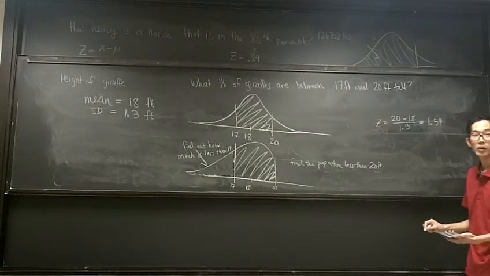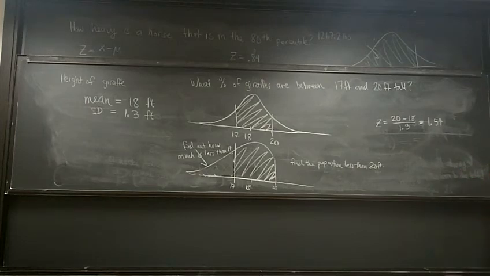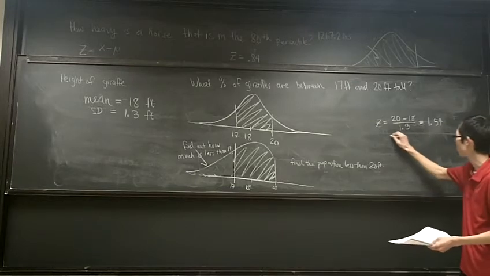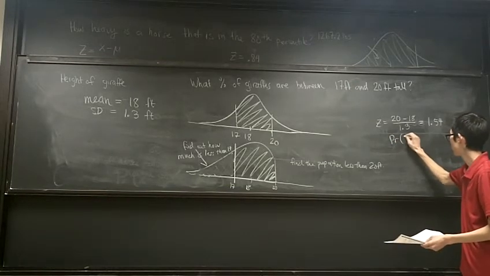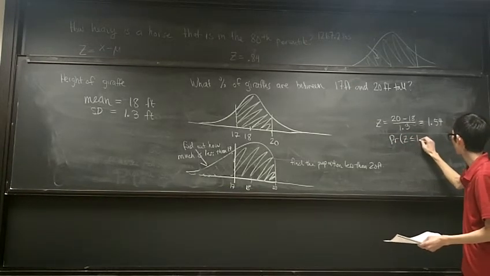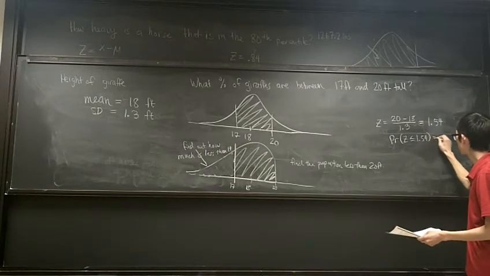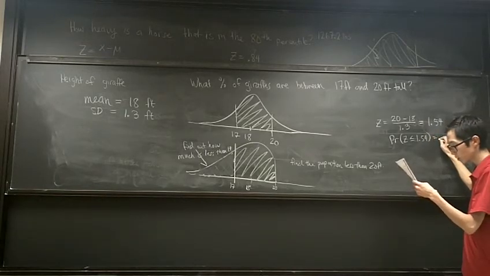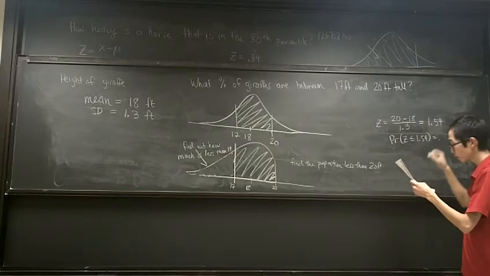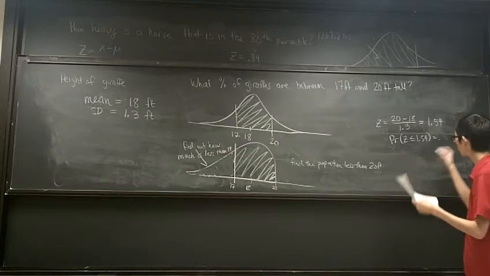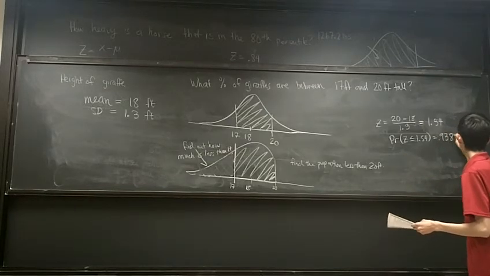What's the proportion to the left of 1.54? That proportion is 0.9382. So the probability that x is less than 1.54 is equal to 0.94.